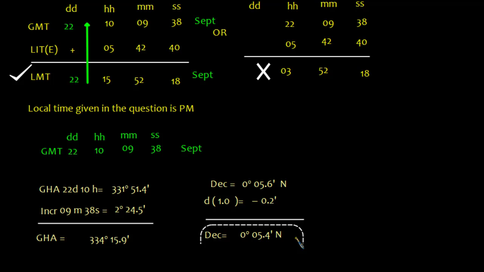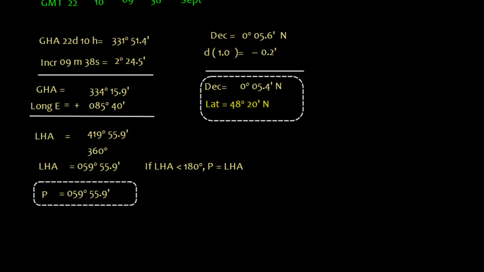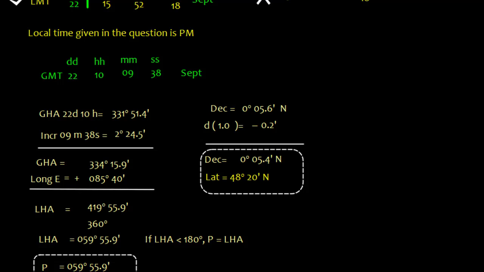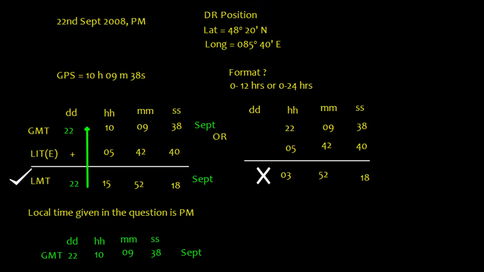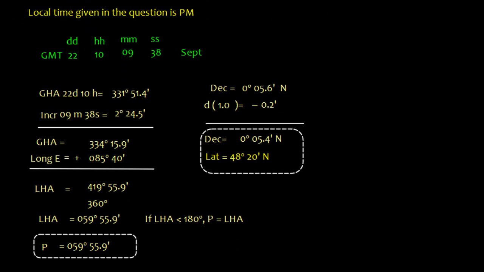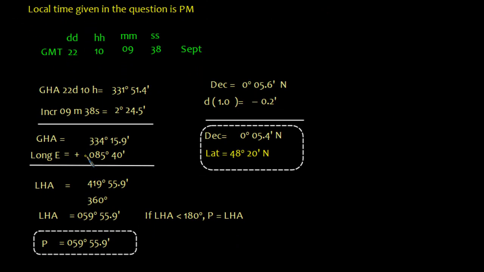Well, the technique of finding GHA and declination through the almanac has already been discussed, so I am assuming that you are familiar with that. So what we'll do now, we need to apply longitude east. The longitude east given in the question is 085 degrees 40 minutes.